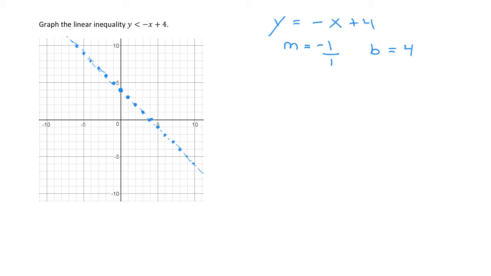The second part of this question is to choose a point on either side of the line. If the point works, it means every point on this side of the line will work. If it doesn't work, it means the other side of the line has to be where all the points make this inequality true. So let's see, I'm going to choose the point, let's say 5, 5.